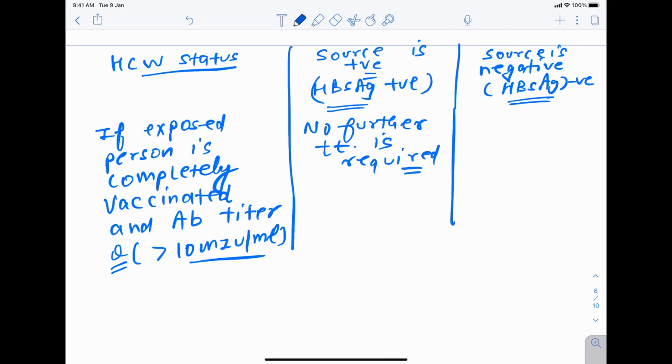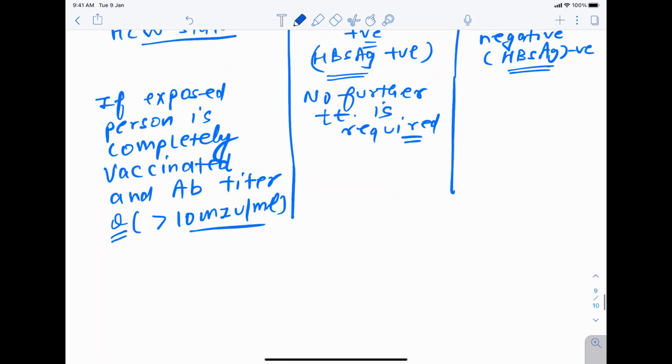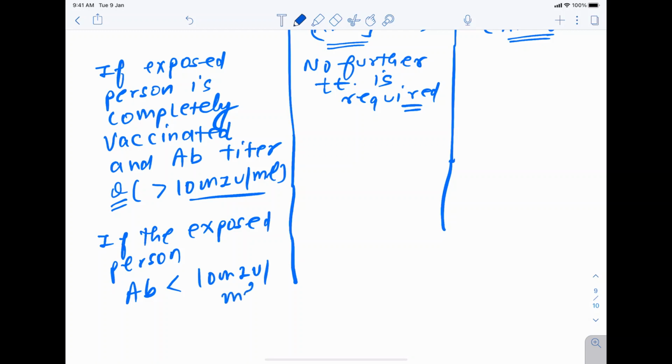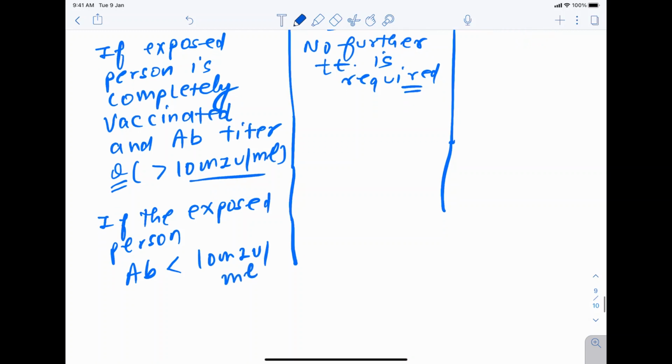Now, if the exposed person's antibody titers are less than 10 milli international units per ml, that is, the person was vaccinated but after vaccination the antibody titers have fallen below 10 milli international units per ml, then how to go about it?